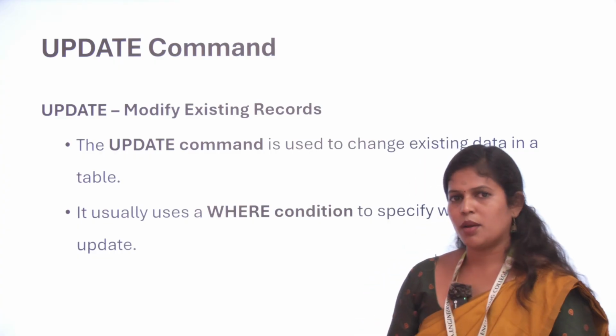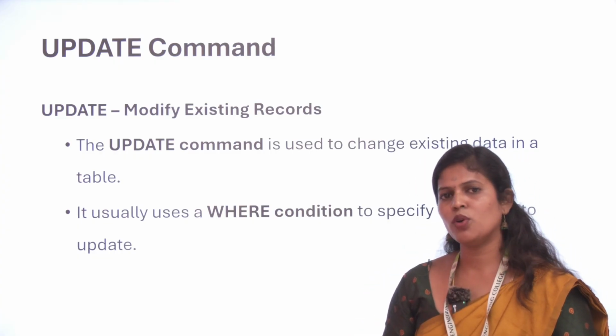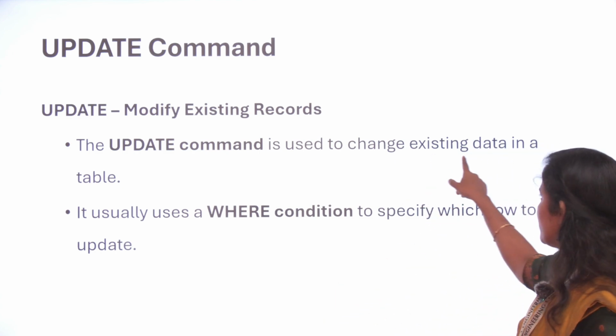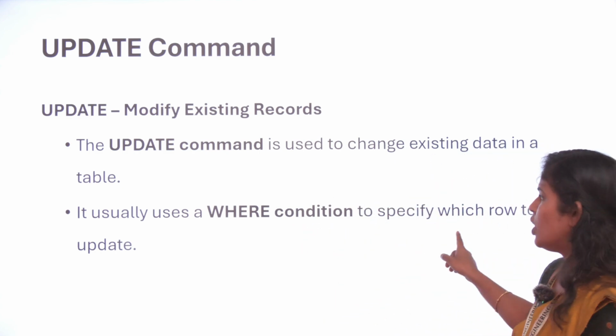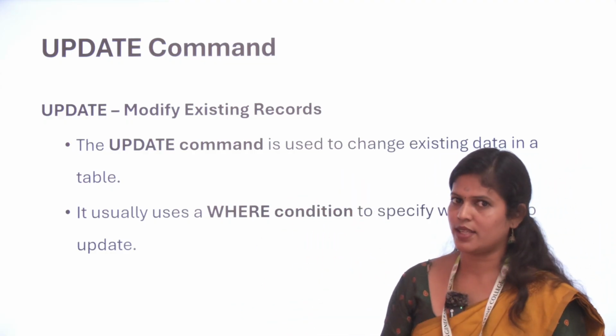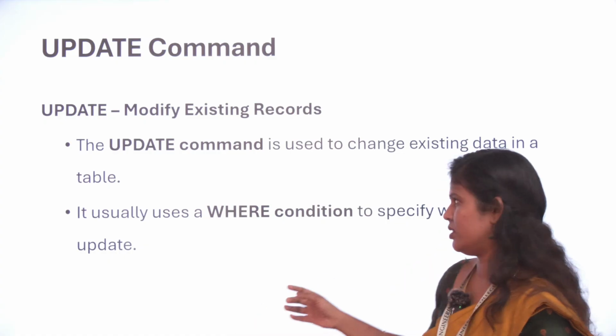Next one is the update command. The update command will help you to modify the existing values. You can change the existing data in your database. To use the update command, we can use the where clause to give the condition as well.